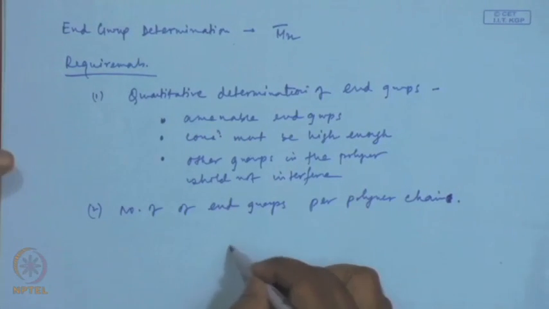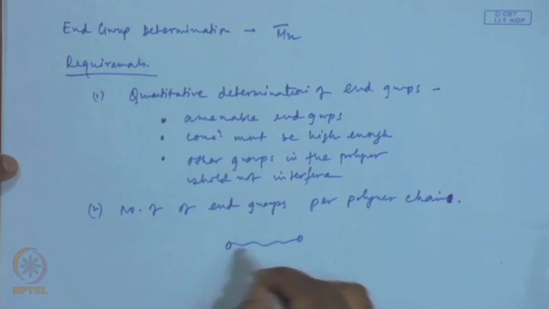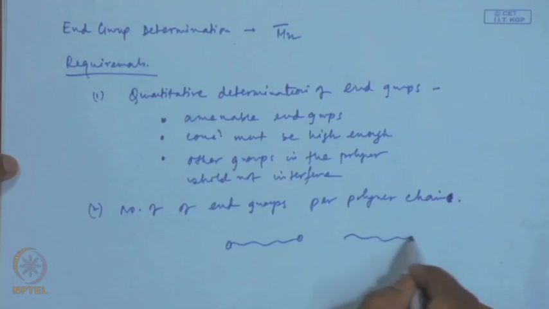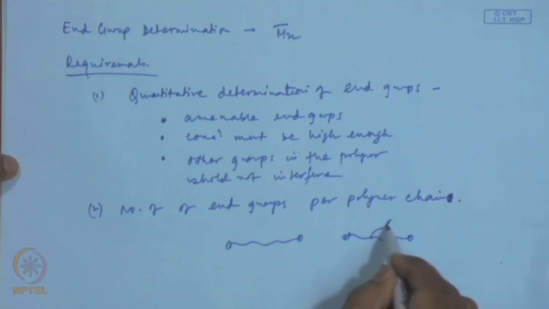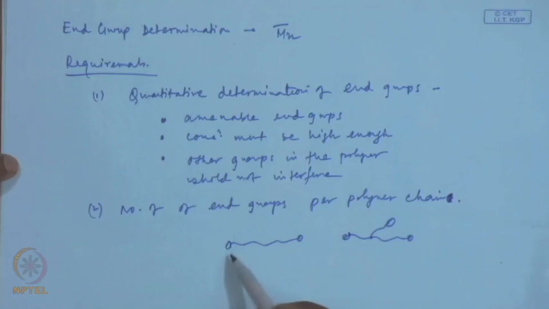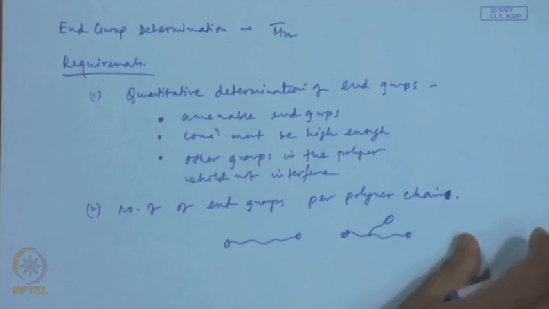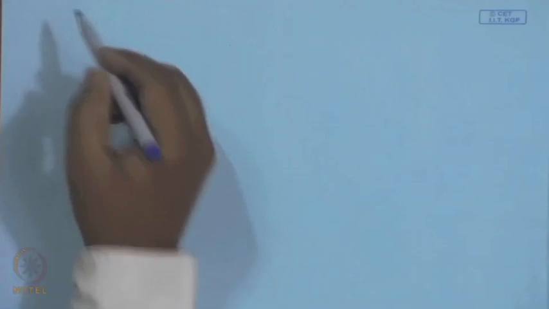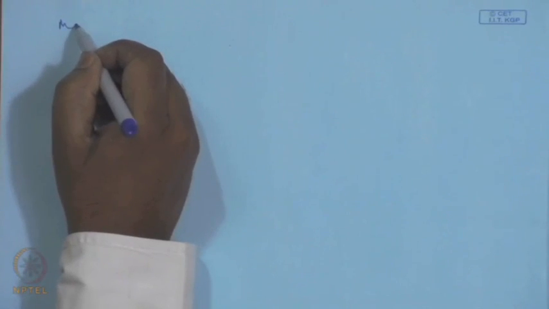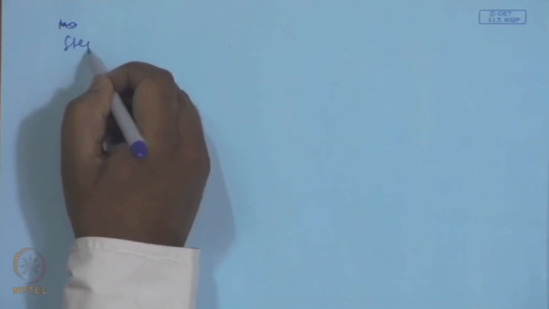Typically, in a linear polymer we have 2 ends, and if you have a branched polymer with, say, 3 ends, then obviously we must know that in this case the sample has 2 chain ends, and in this case the sample has 3 end groups, otherwise the analysis will give error in the values.